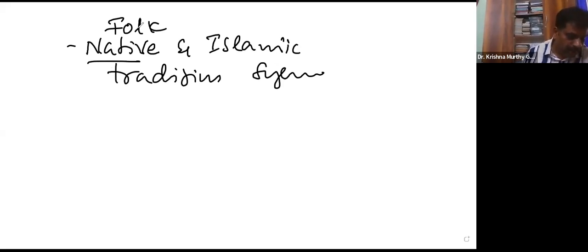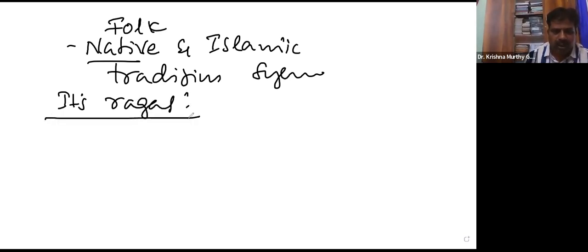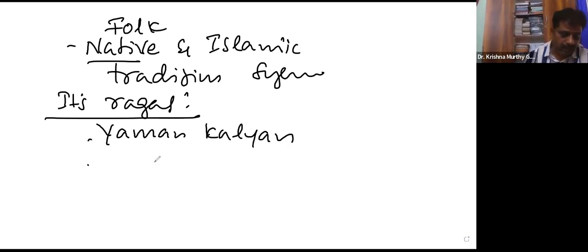Another important development: it consisted of several important basic ragas, for example Yaman Kalyan. These are popular ragas. First, Yaman Kalyan.